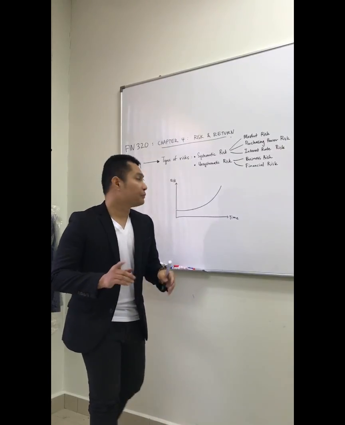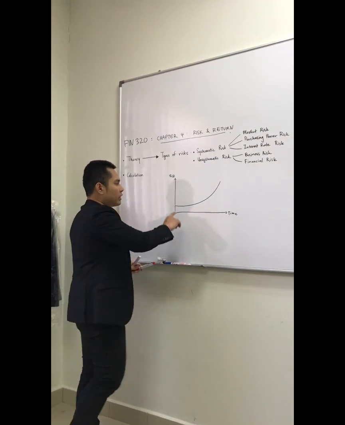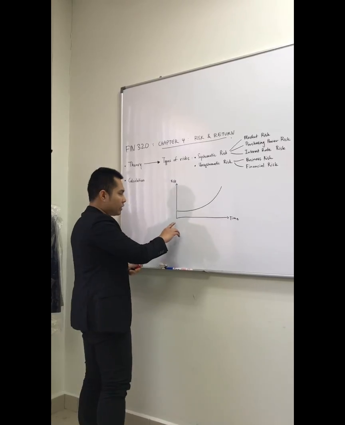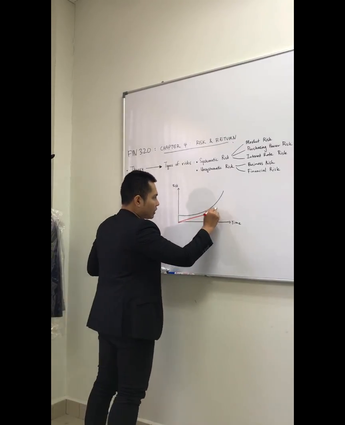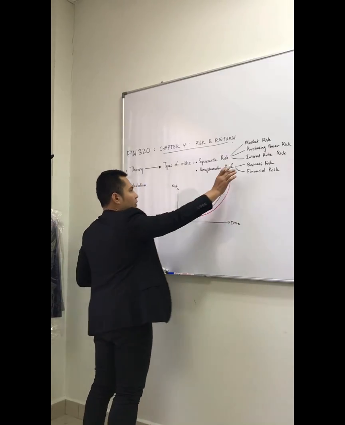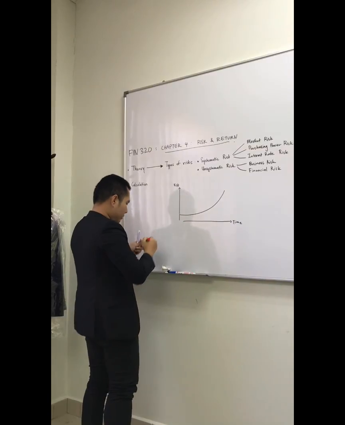Now if you look at the graph just now, you notice that the graph never reaches zero. It never starts from this point. It starts somewhere in the middle, here.